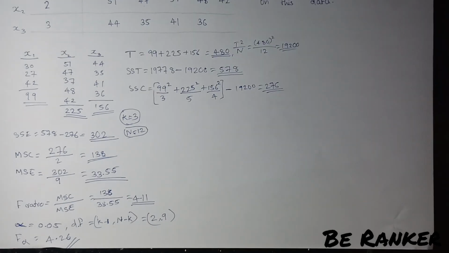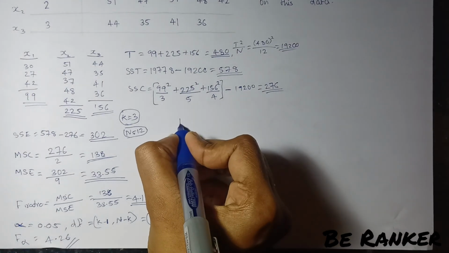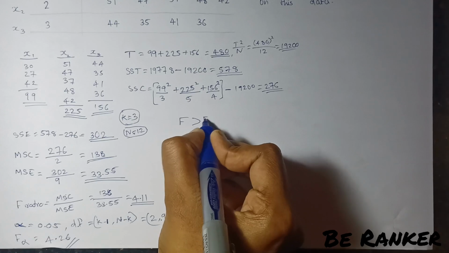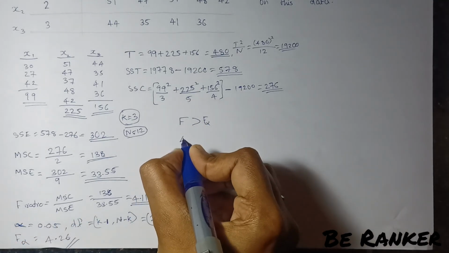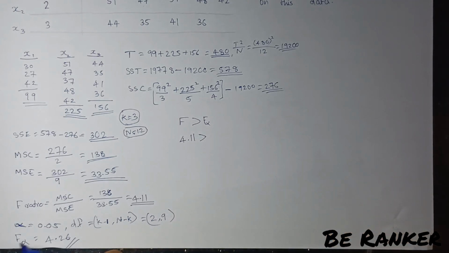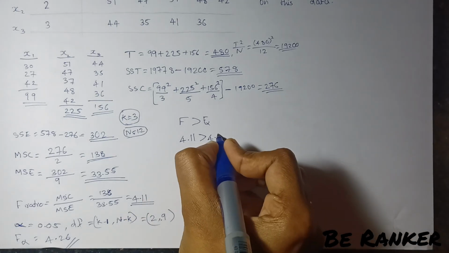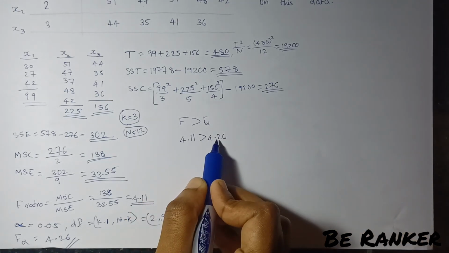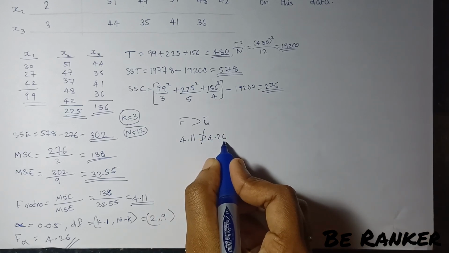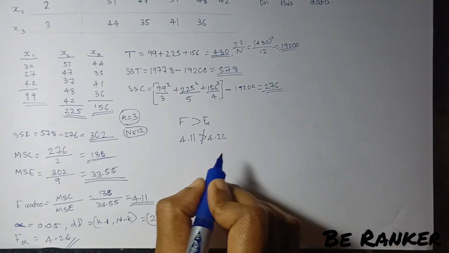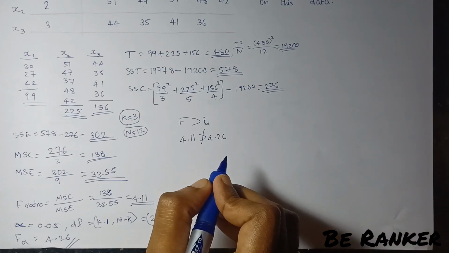Here we apply the condition of rejection, that is F greater than F alpha. Here the value of F is 4.11. Is 4.11 greater than F alpha 4.26? This is a wrong statement, 4.11 is not greater than 4.26. So here we accept H0.